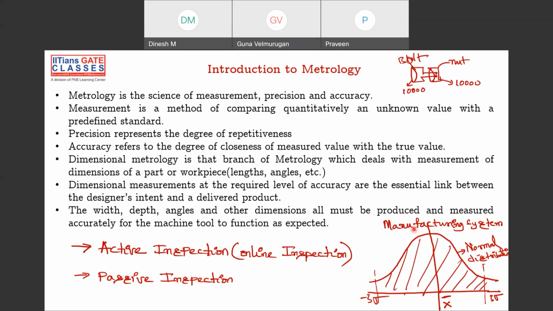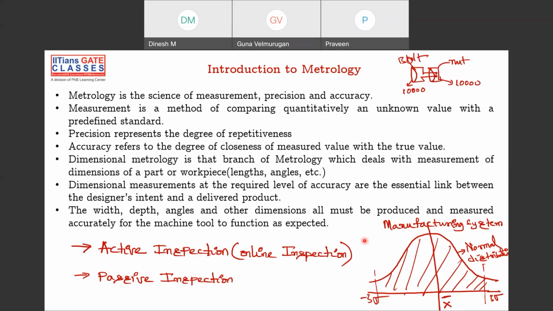Any manufacturing system or operation follows this kind of distribution, because everything is random. If you plot any parameter against its frequency, say you want to manufacture a 10 mm diameter, then you get different values of diameters. You might get 10.01, 9.8, 9.9, 10.1.